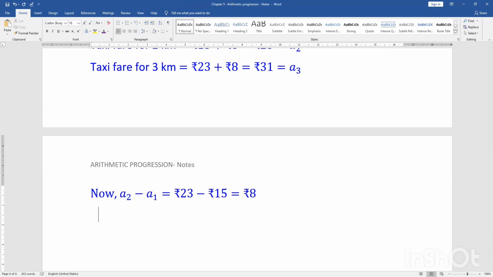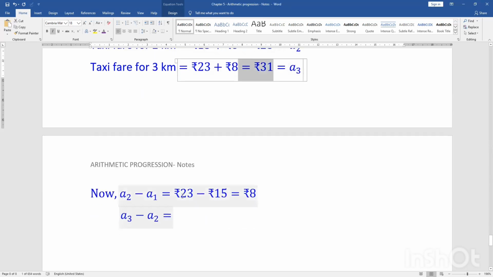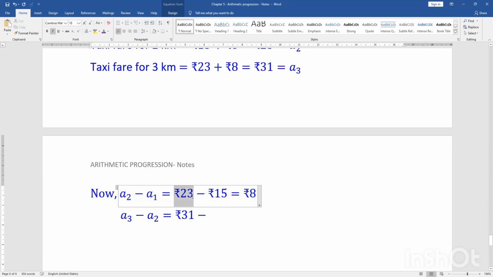Then we have A3 minus A2, which is 31 minus 23. So this will be equal to rupees 8, right?